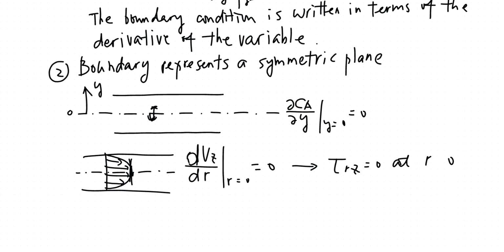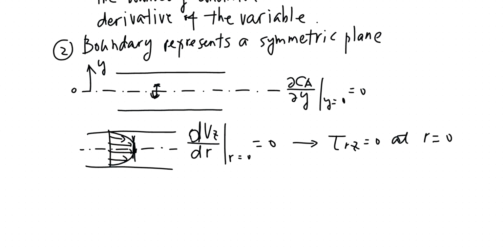So these two scenarios are the same: if you treat the symmetry line as a boundary, then the flux along the symmetry, or the velocity gradient along the direction you're looking at, would be zero. So this is the second boundary condition we called zero flux in our context.